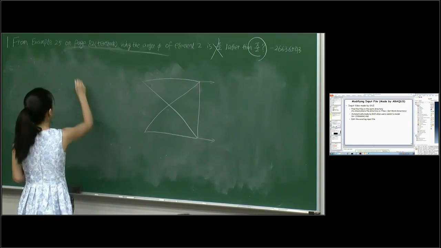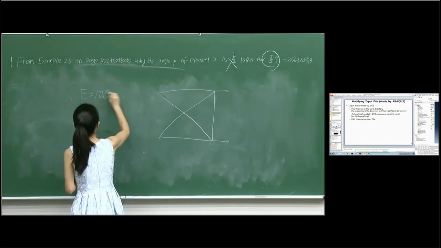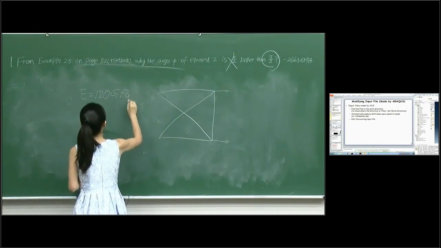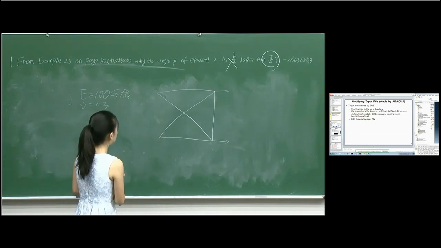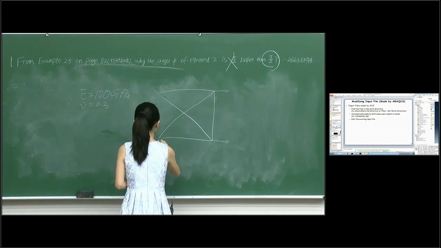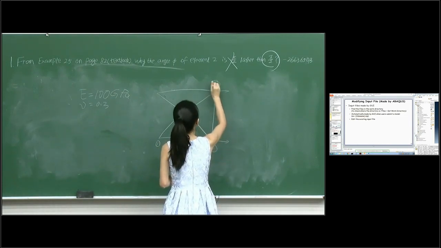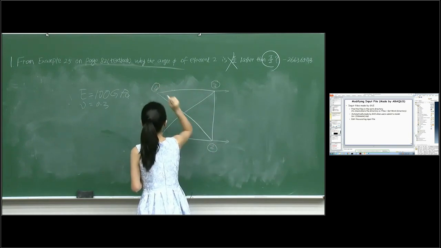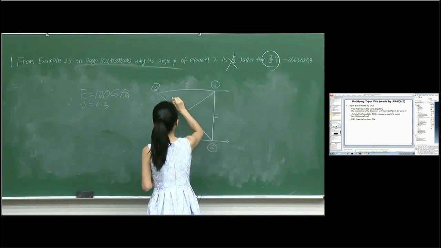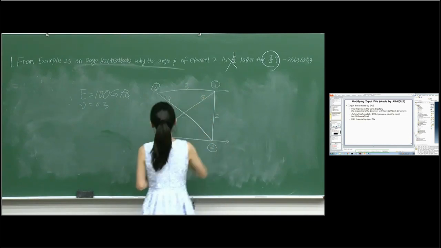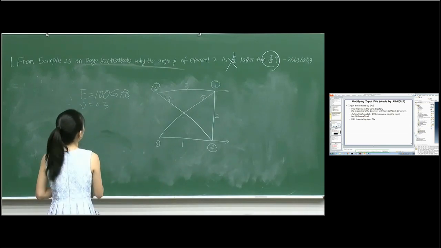I did some modification. So Young's modulus, 100 gigapascal. Poisson ratio, 0.3. I define nodes as 1, 2, 3, 4, and elements 1, 2, 3, 4, 5. What else? Okay, cross-section area.